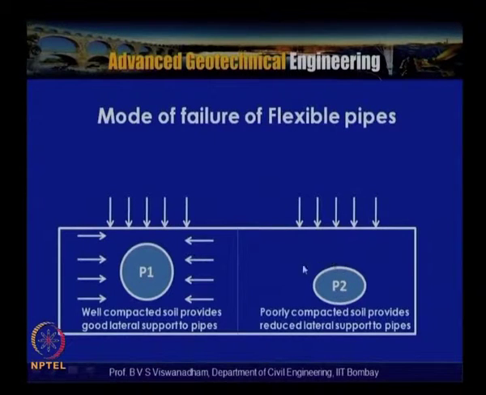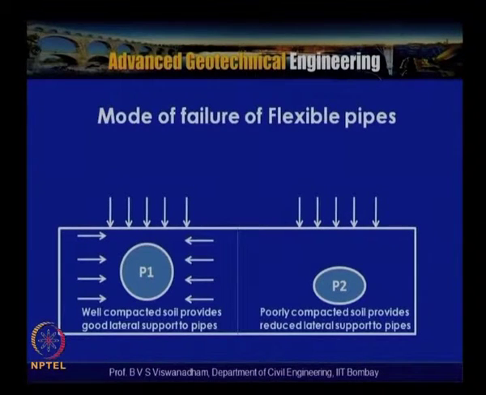One can see that the pipe undergoes deformations like this, taking elliptical shapes because of the loss of support on the sides. If you have well compacted soil, it provides good lateral support, and the settlements will be within the allowed 2% of the diameter of the pipe.